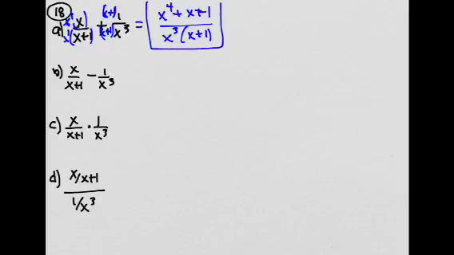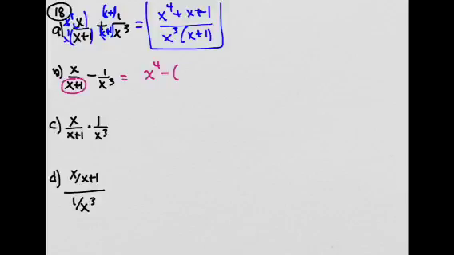Okay, so in part B, same thing, we're going to multiply this by x cubed over x cubed, and this by x plus 1 over x plus 1, so that we have the same common denominator. So when I do that, I end up with x to the 4th minus, I put parentheses because it's 1 times this.